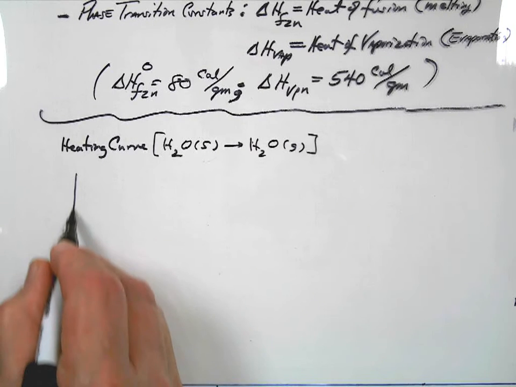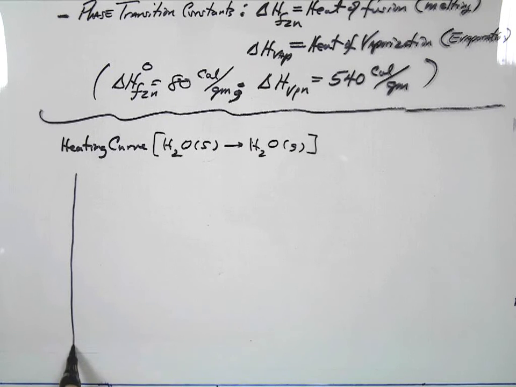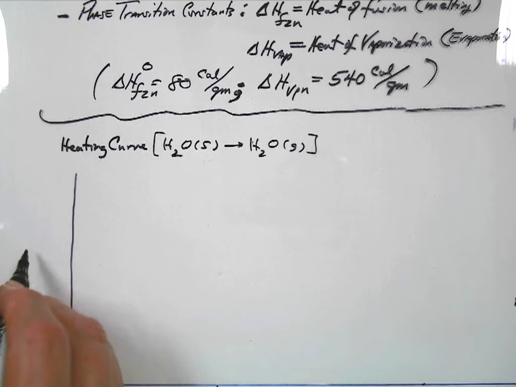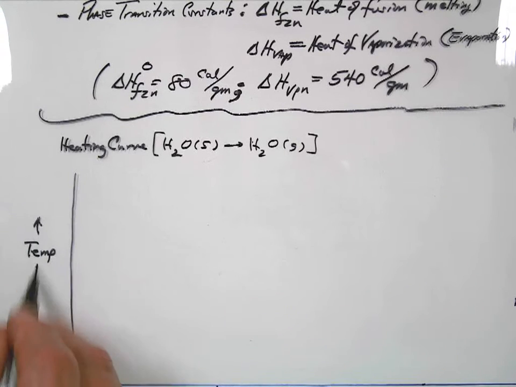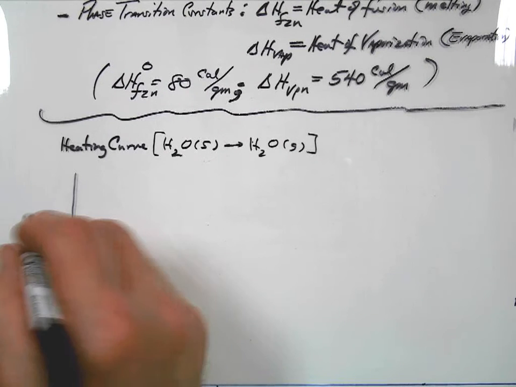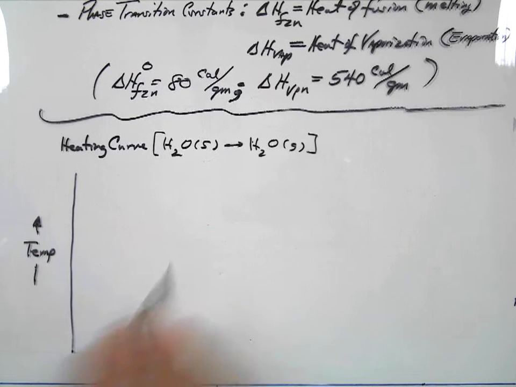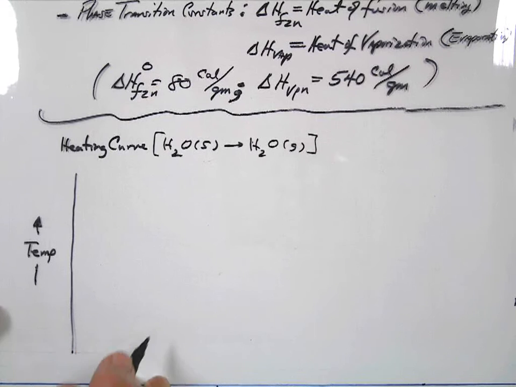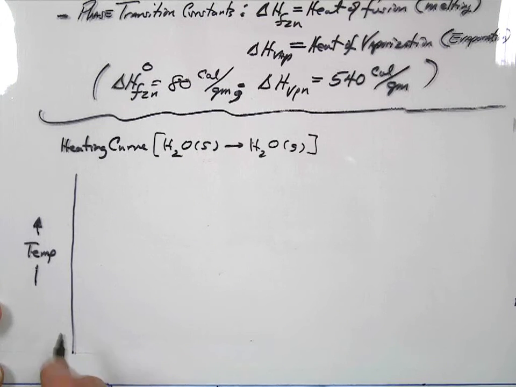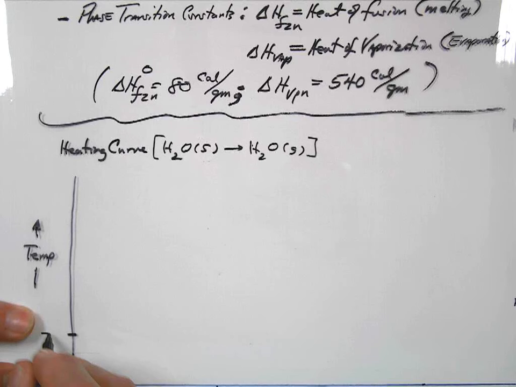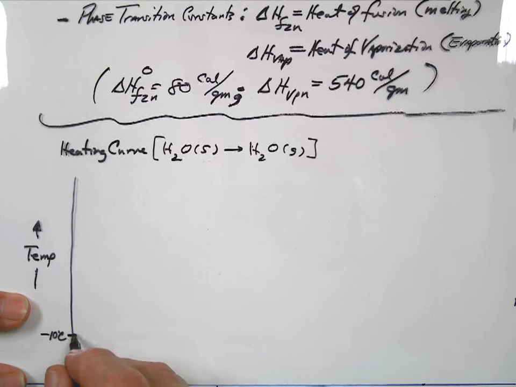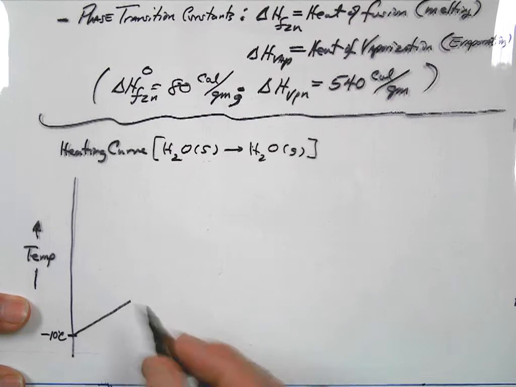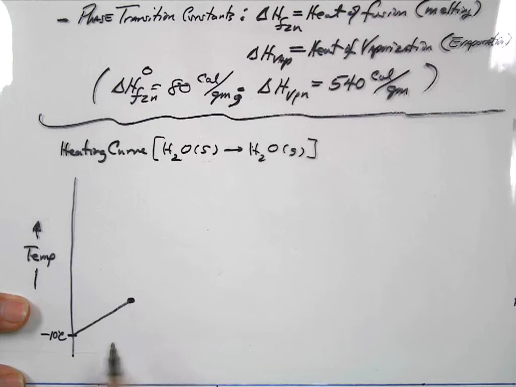Now, draw a vertical like this, and this is going to be temperature. In here, right here. Now we're going to start with our ice at minus 10 degrees Celsius. And we've got to heat that to the melting point.